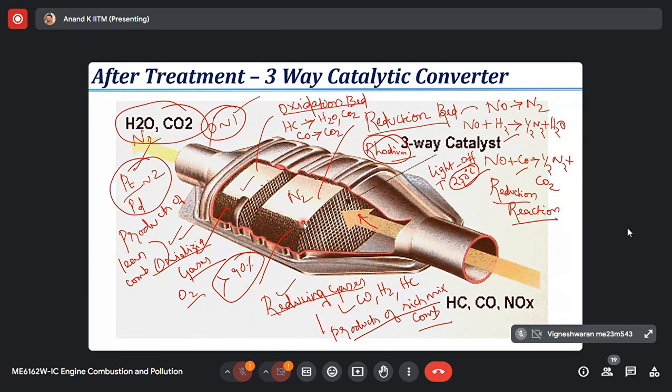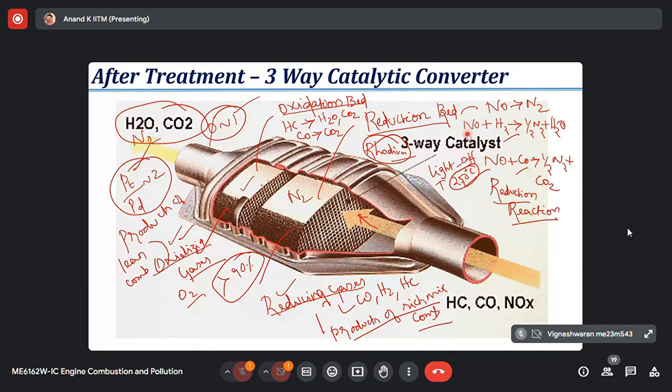Possibility is there. Okay. The major problem is what you need for the reduction reaction is rich products. When you keep the oxidation bed ahead of the reduction bed, you're going to convert all these rich products in the exhaust line. This is going to be oxidized. So you will run short of these rich products of combustion when you arrange the oxidation bed ahead of the reduction bed.